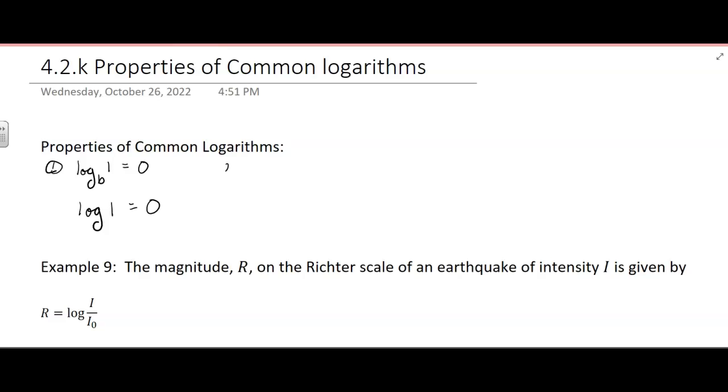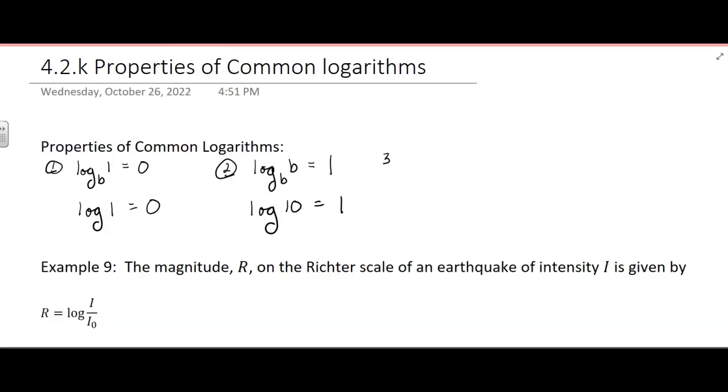And then remember, if you have log base b of b, so the argument and the base are the same, that just equals 1. So for common logs, if I have log of 10, there's no base written, but we understand it's 10. That's the secret: log just means log base 10. So the base and the argument are the same, so that's just going to equal 1.